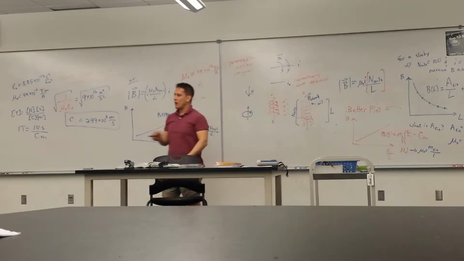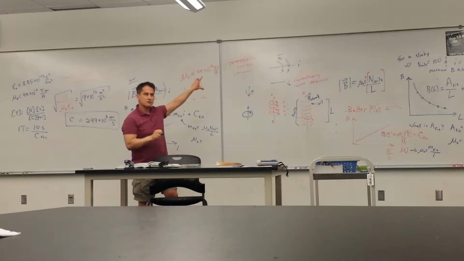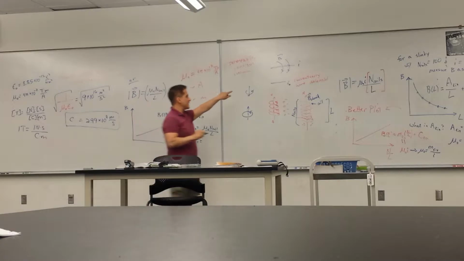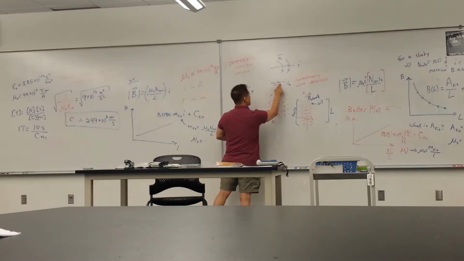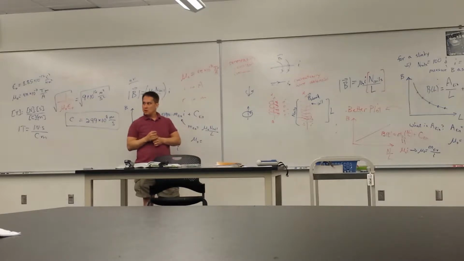What direction would I want this to be oriented so that I would get a response between this moving charge and this one? The other way. What would I want the magnetic fields between the two things to do? Go in opposite directions. I'd want the magnetic fields to be parallel.